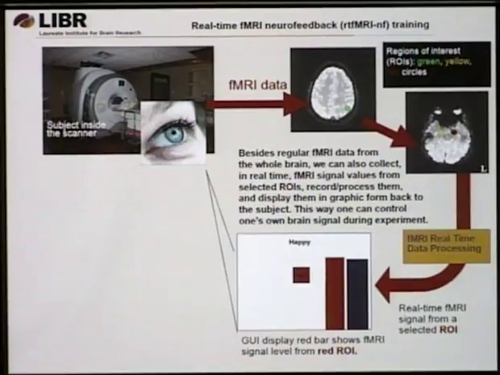It's maybe a little busy again, but what we can do is, again, we're making a movie, right? We put the subject in, we scan very rapidly, and we get data during the scan.